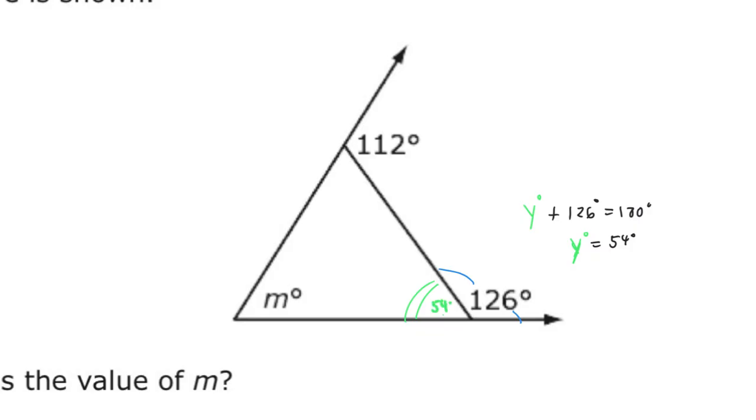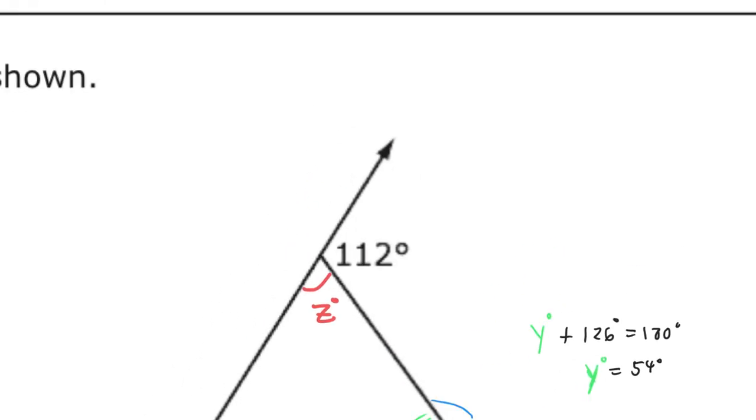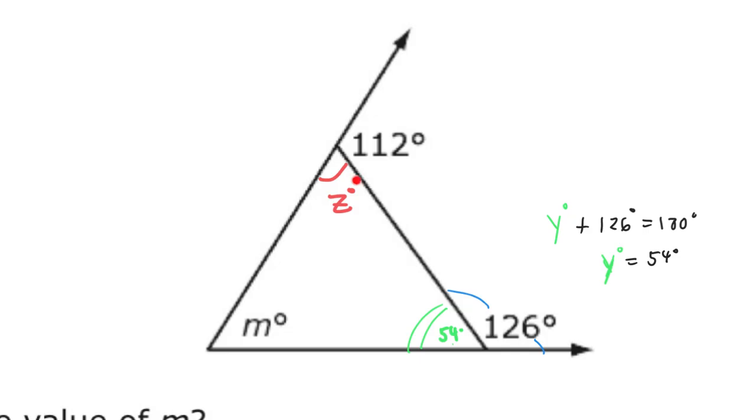Now, if you look over here, well, this angle, this sort of mystery red angle, we could call z, okay, z degrees. And hopefully my student watching recognizes that this is a linear pair also, because you could always turn this so that you could see here's a straight line, and you have this blue angle right next door to this red angle, right?